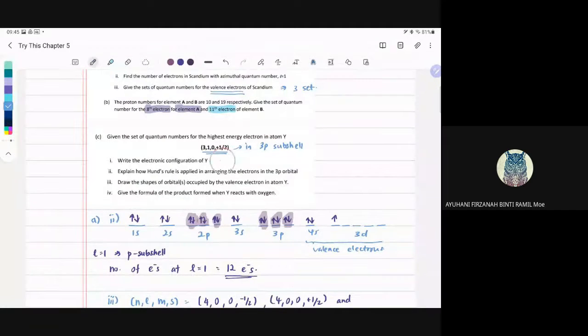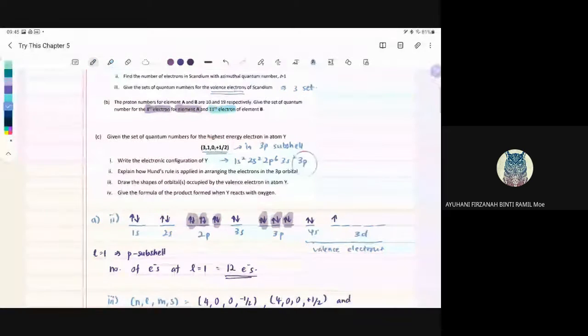Jadi kita tahu dia mestilah 1s2, 2s2, 2p6, 3s2, 3p sebab elektron paling tinggi tenaga dia dekat 3p dan ada satu saja. Bermaksud dalam p dia ada satu elektron. So ini adalah electronic configuration dia.